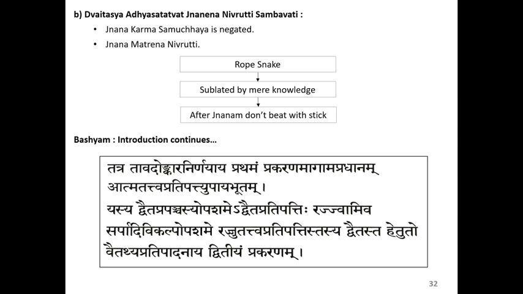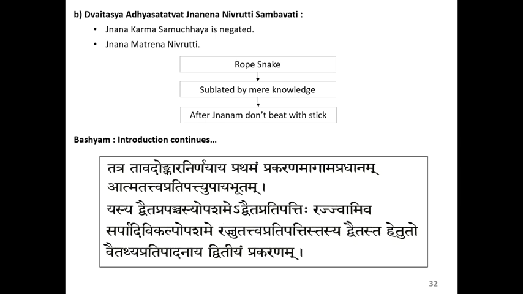So it reveals to me something which I didn't know. And this revelation helps me to remove the ignorance about my nature. Here he says that karma is not required for removing ignorance.